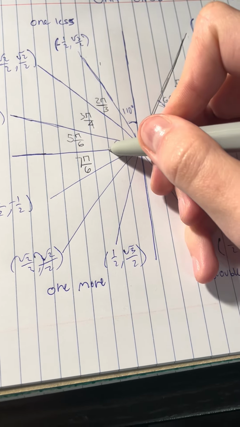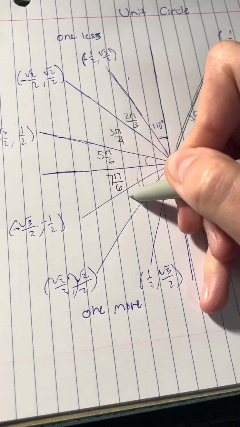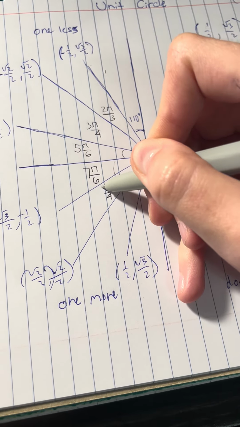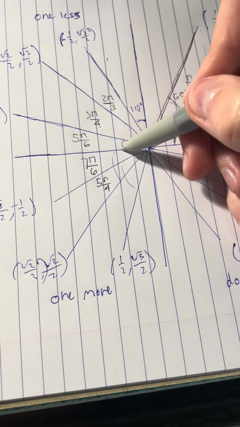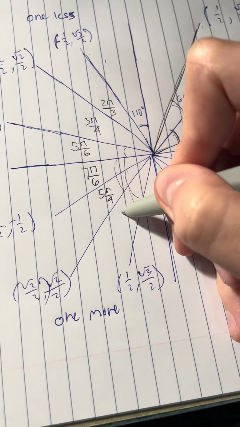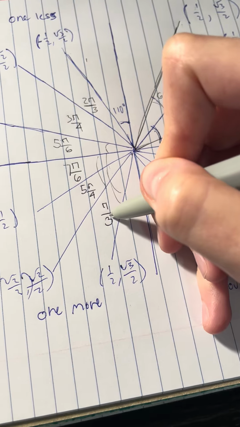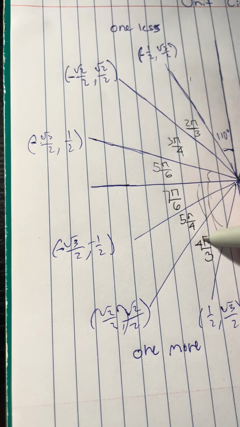Then from our x-axis, this is 45 degrees, so it goes with our pi over 4 value, but this is 1 more, so 5 pi over 4. Here, from the x-axis, this is 60 degrees, so we know 6 goes with the 3. It's pi over 3, but 1 more, it's 4 pi over 3.